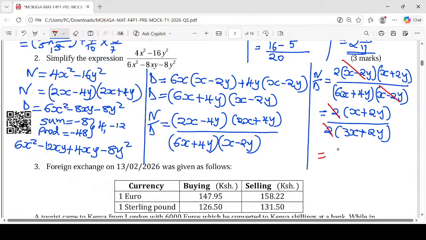Then you are going to have your answer as x plus 2y all over 3x plus 2y. That is how you attend question number 2 of this particular paper.